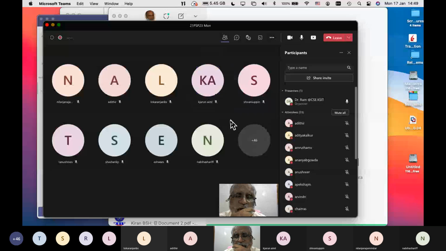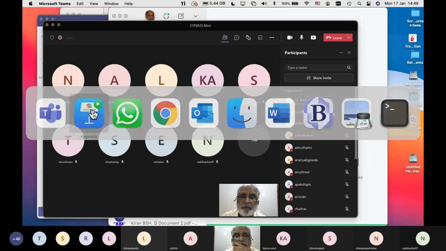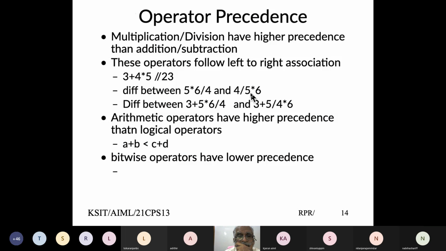No, Shivani, did you say 4 or 0? Yes, Shivani, should it be 4 or 0? Arjun, what were you saying, 0 or 4? Sir, 4. Go ahead.